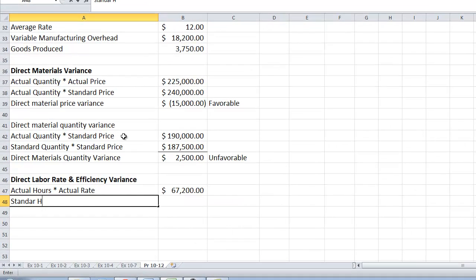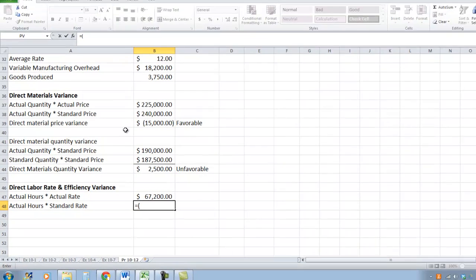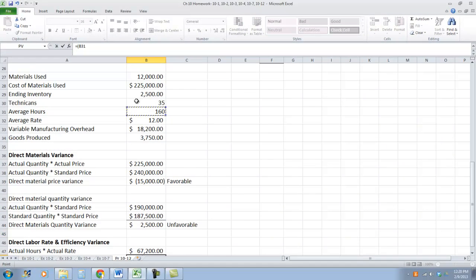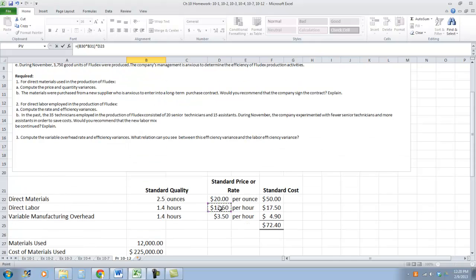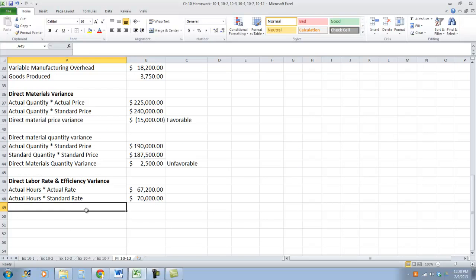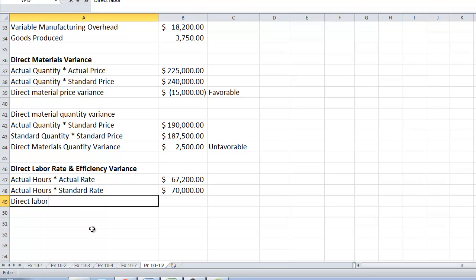Now, actual hours times standard rate: we had the 35 times 160 times our standard rate, which is $12.50 an hour. So, direct labor rate variance.